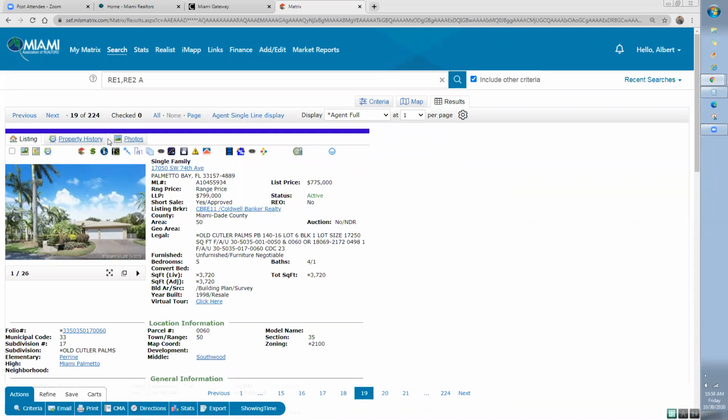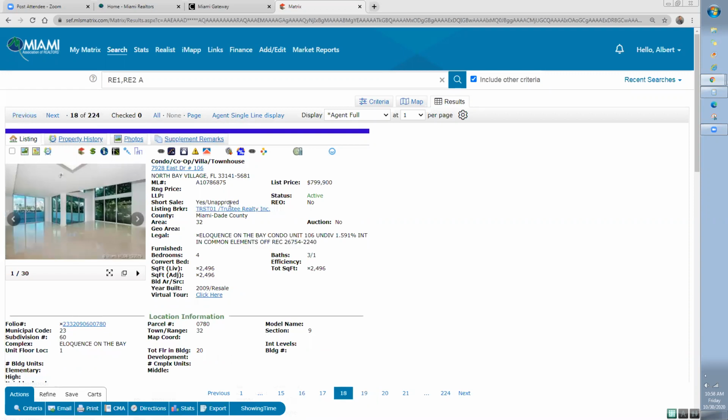That doesn't necessarily mean your offer is going to get approved, because you may offer 780 and somebody else might come in at 789, and they're obviously going to take the higher one. But it's saying if you come in within this range, it's a guarantee that the bank is going to approve the short sale. When it says unapproved, that means that we're trying to sell it at this amount, but we still need to go to the bank in order to get the approval for the short sale.